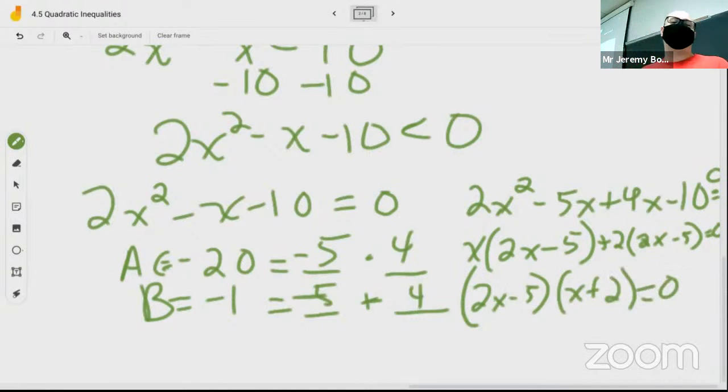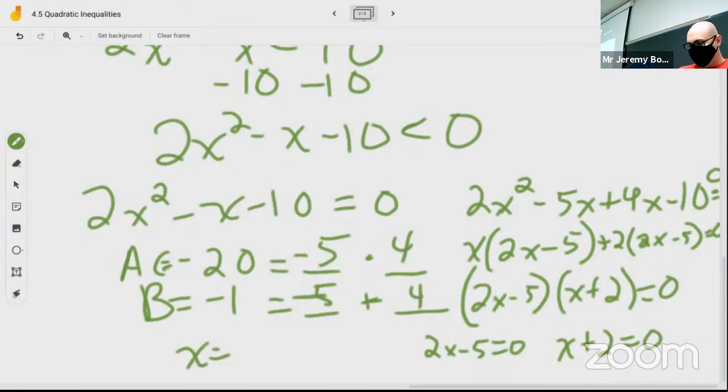And so now we can apply the zero product property and say, well, 2x minus 5 equals 0, and x plus 2 is equal to 0, which is going to result in x is equal to 5 halves and negative 2.